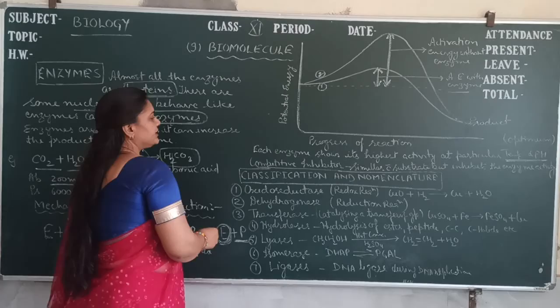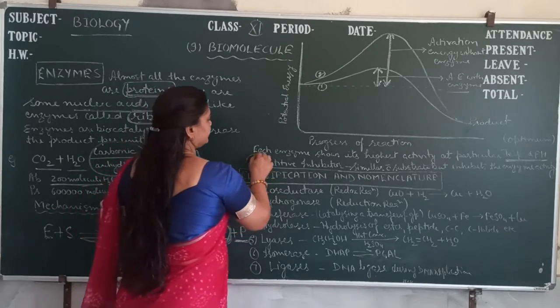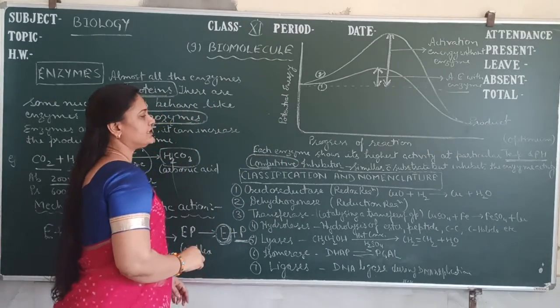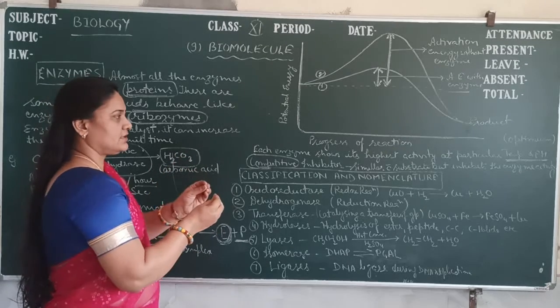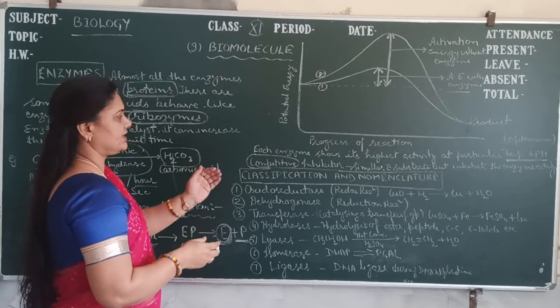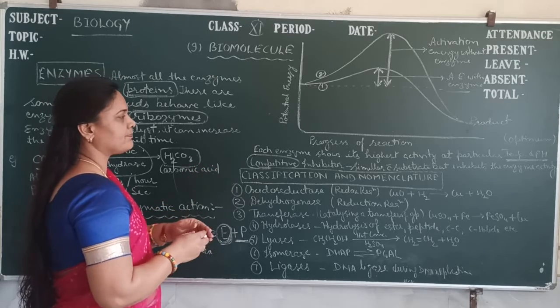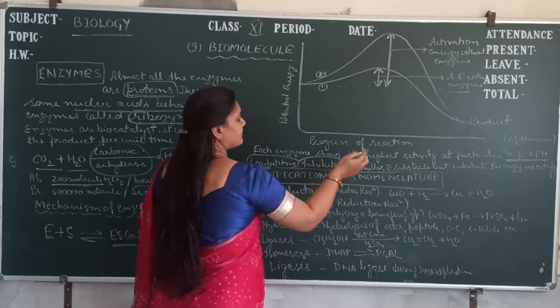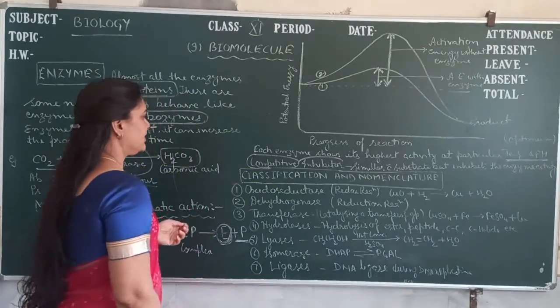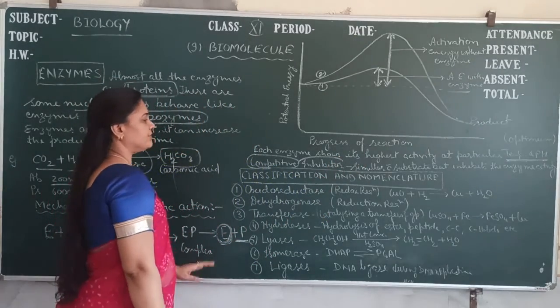Now, what is a competitive inhibitor? Competitive inhibitors are chemicals which are similar to the substrate in structure, but these inhibitors inhibit the enzymatic activity. So these are known as competitive inhibitors.